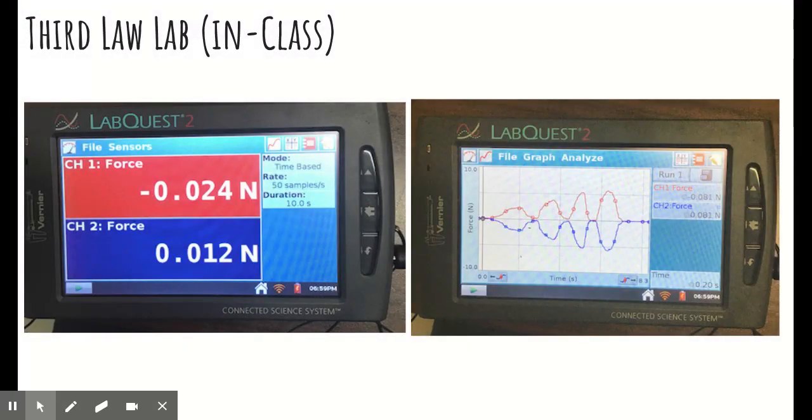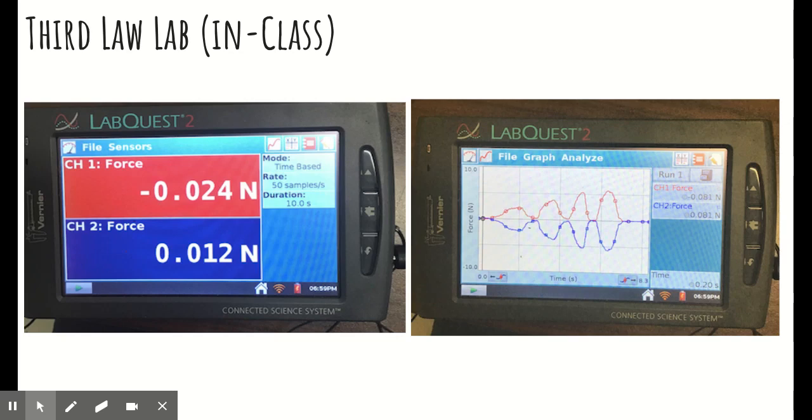So with this, we are going to do this Newton's third law lab. For the virtual students, you guys have these graphs already dropped into the lab, so you can analyze the same data that we're looking at in class. So what we did with these is we had a force sensor.